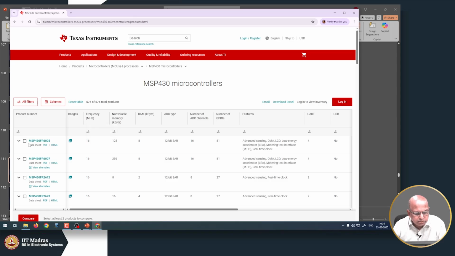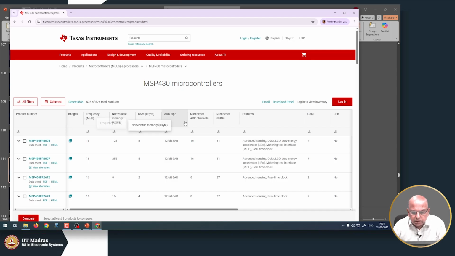Okay. And these parts are labeled MSP 430, FR6005 and so on. Okay. And there is some coding there. FR may mean that it has flash memory inside, right. So, there is some such coding.